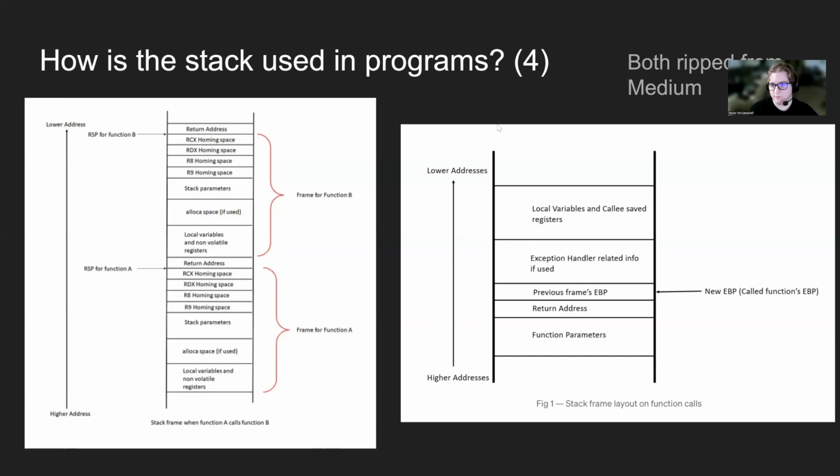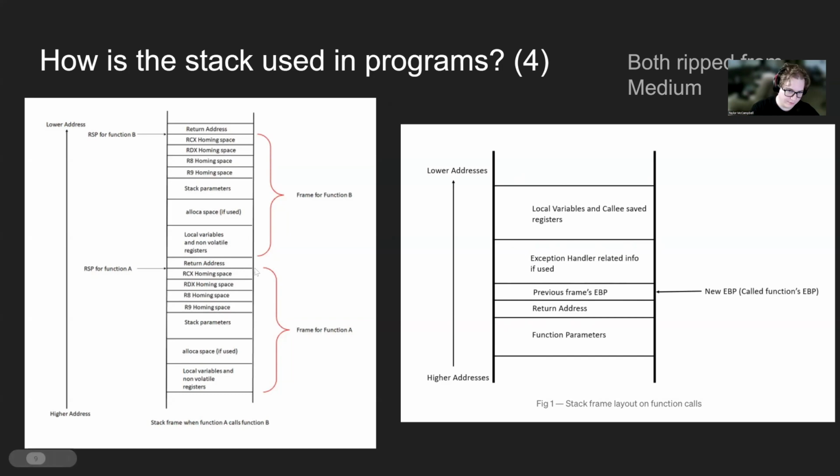So for instance, on the right, we have the 32-bit architecture stack layout. We have the function parameters on bottom, then the return address, and then EBP is a register, which we'll talk about later. So we also store EBP, we store exception handler related info, and then we store local variables and callee saved registers.